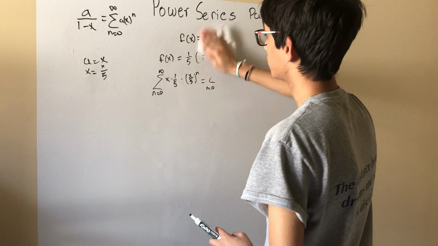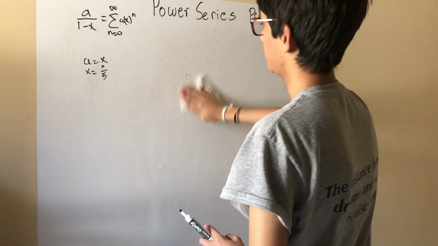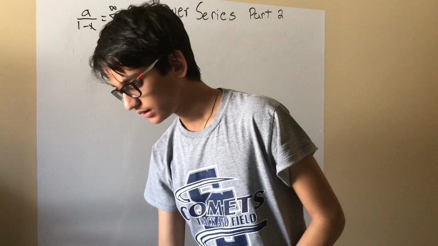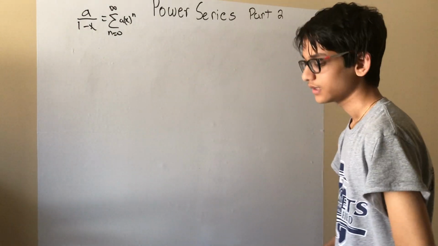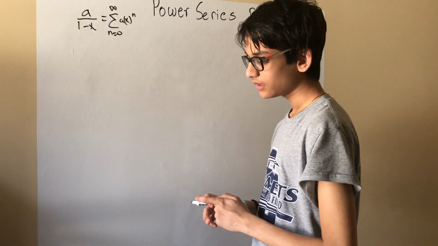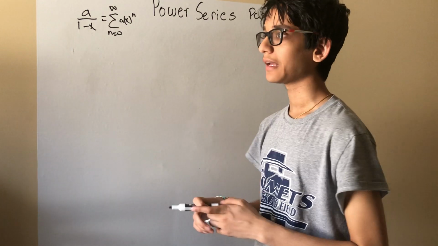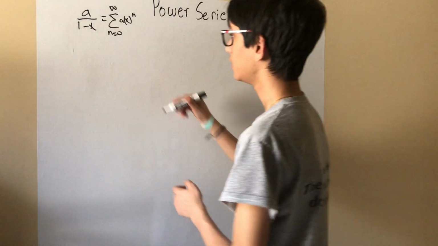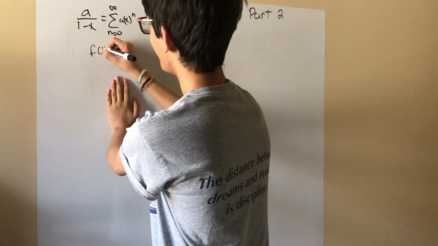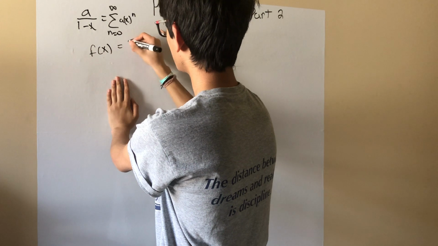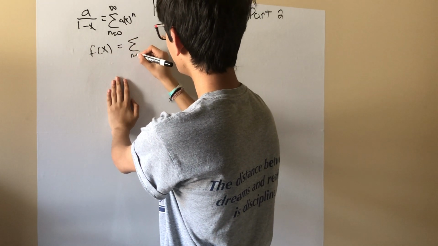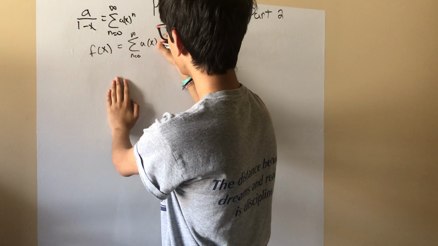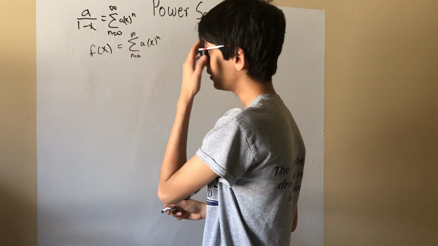And that is taking the derivative and the integral of power series. Which isn't really that hard, but, you know, it can be. So the main thing that we've got to remember is when you take the integral and the derivative of a power series, your r value remains the same. So given that f of x equals the sum from n equals 0 to infinity of a times x to the n, right?